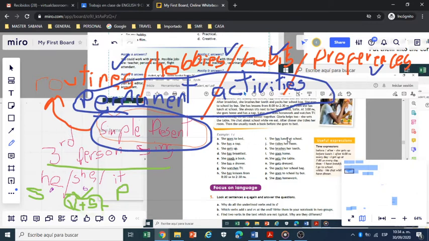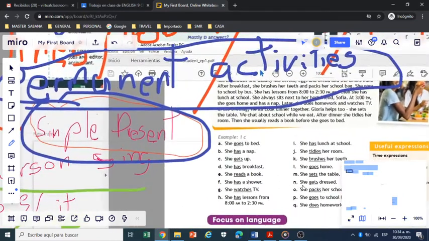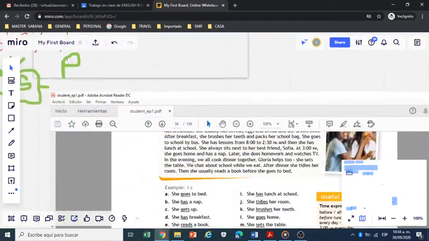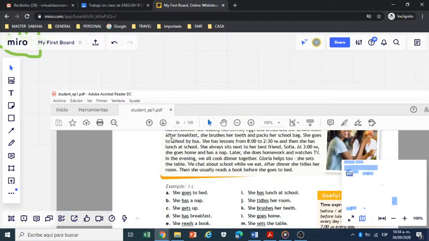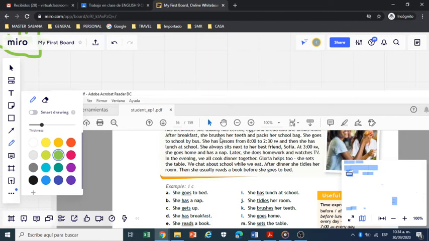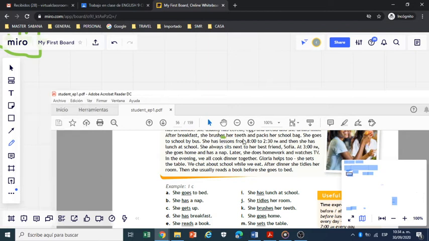Okay, examples. Here we have some examples. Look at this text. After breakfast, she brushes. Look at the S. Brushes her teeth and packs, the verb with S. She goes, the verb with S. She has, third person singular, she has.